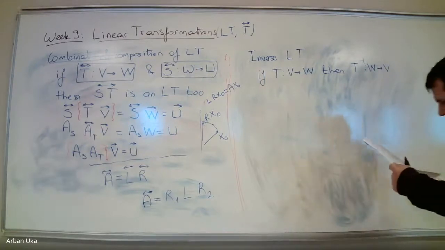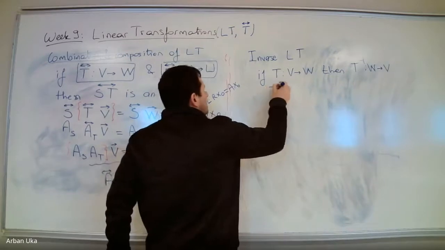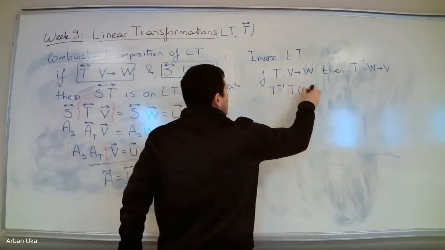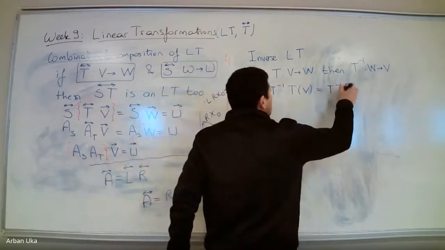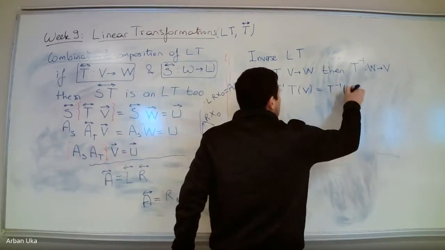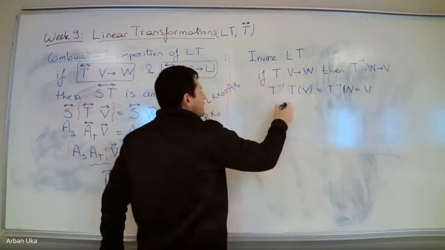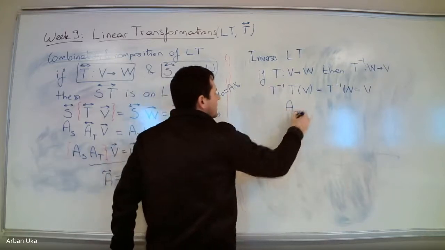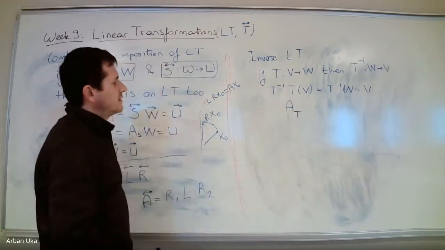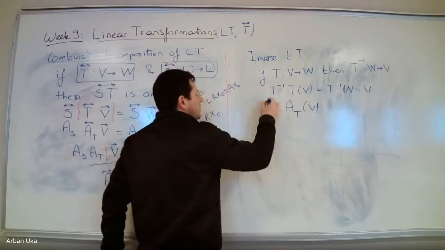Okay, and then we can also say that P inverse times P on V is equal to P inverse on a vector W, and this will be equal to V again, which means that this linear transformation T can be represented by a matrix A of T times the vector V on which it's being applied.